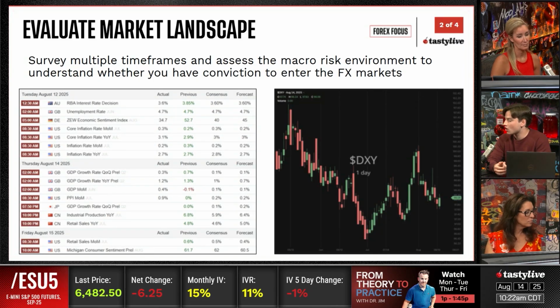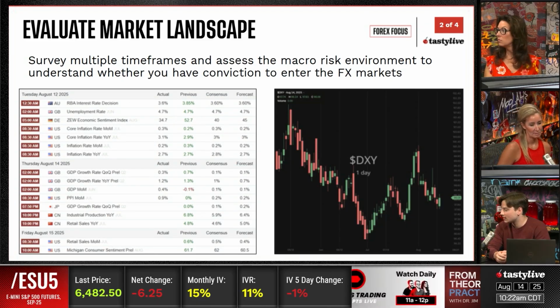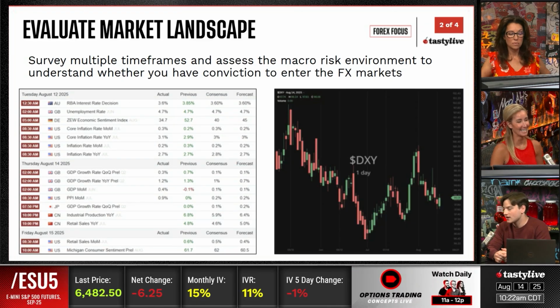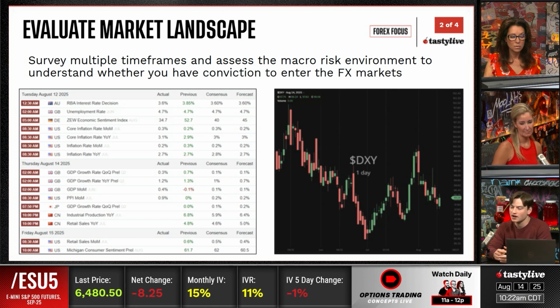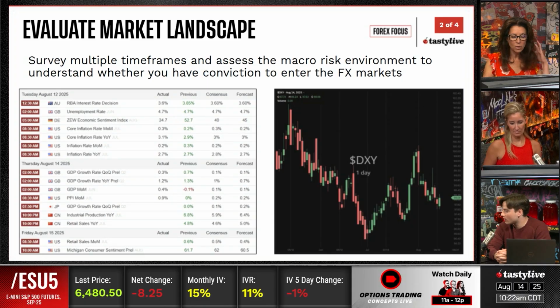Something like an Australian interest rate decision can happen. That was Tuesday night, overnight. They cut rates, so it's definitely worth keeping an eye on all of those events as well. And what happened with the Aussie dollar, U.S. dollar on the initial meeting?